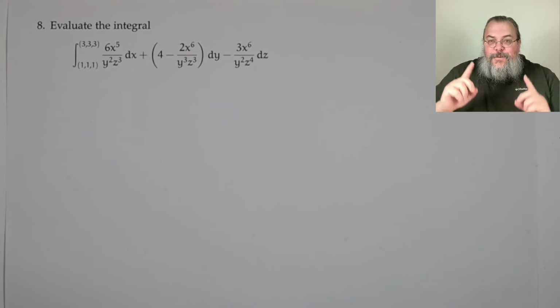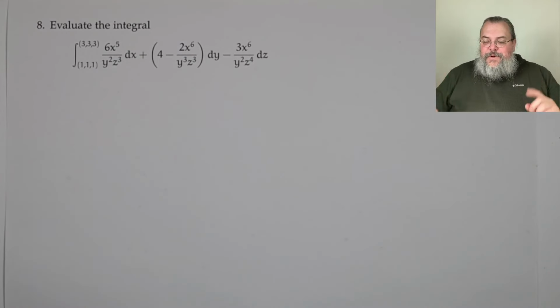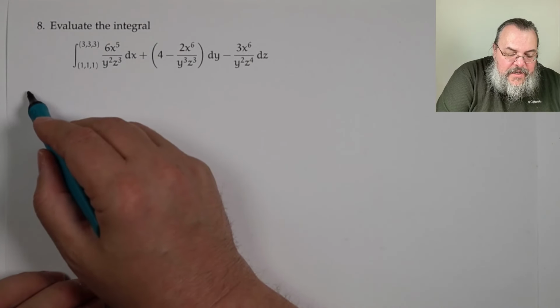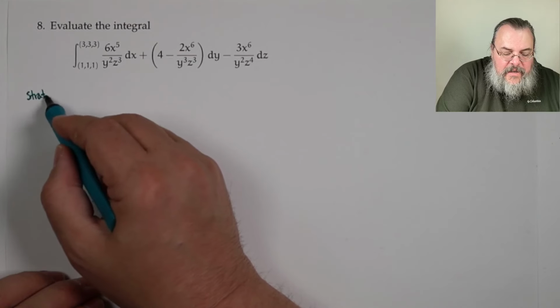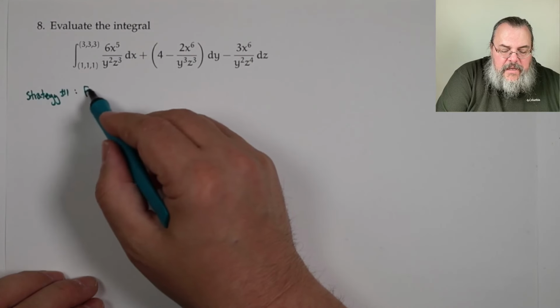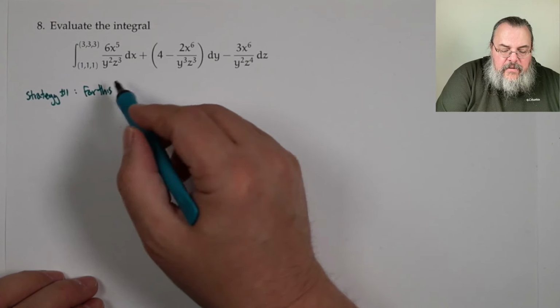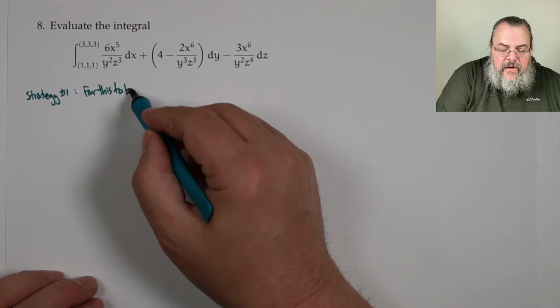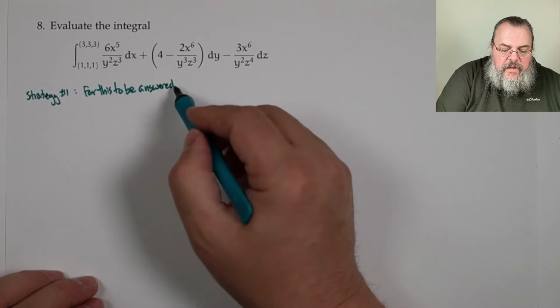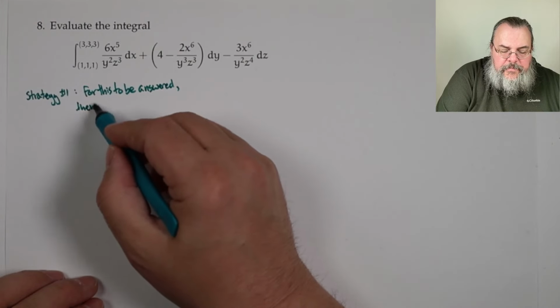If we're not told the curve and we're just told the endpoints, what must be true? It must be conservative. So our strategy number 1: if there is an answer, then this must be conservative.